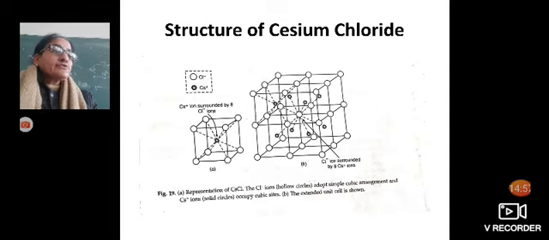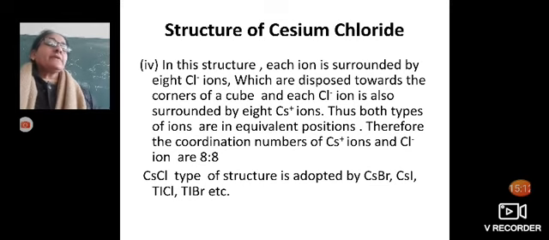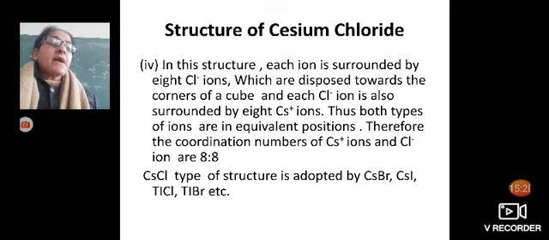Chloride ions are shown as hollow circles and adopt a simple cubic arrangement, and cesium ions are shown by solid circles and occupy cubic sites. Fourth point, in this structure each cesium ion is surrounded by 8 chloride ions which are disposed towards the corners of a cube, and each chloride ion is surrounded by 8 cesium ions.